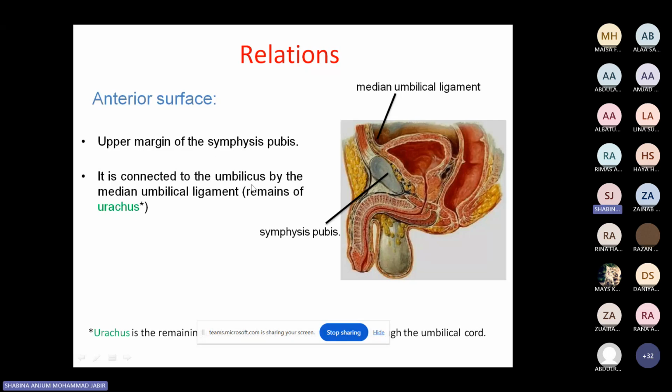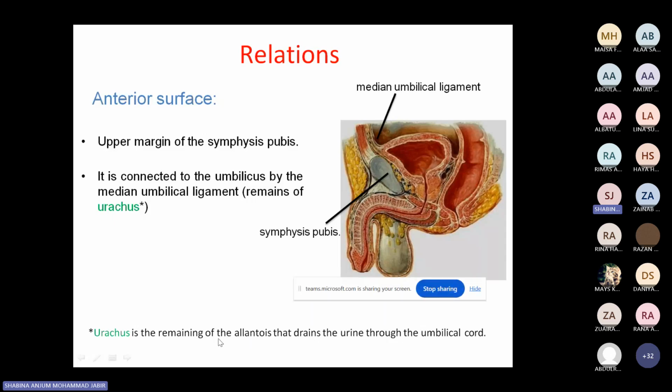When you study embryology, you will find it is a remnant of the urachus. What is the urachus? The urachus is the remaining part of the allantois that drains urine to the umbilical cord.